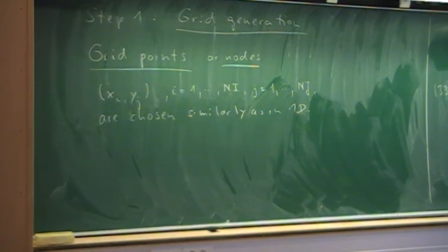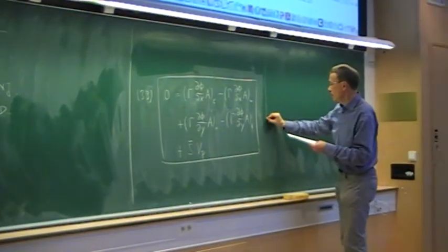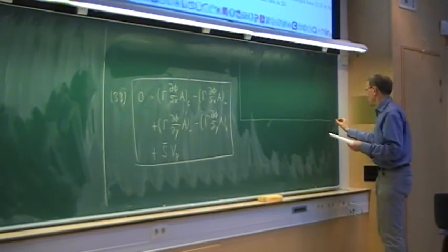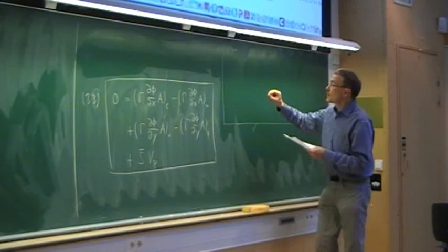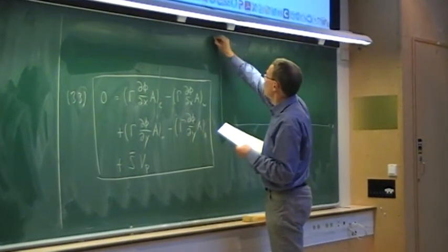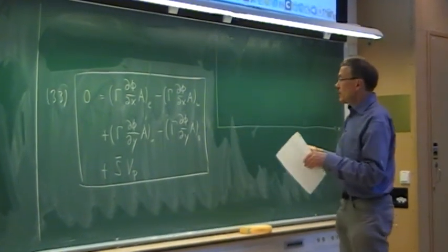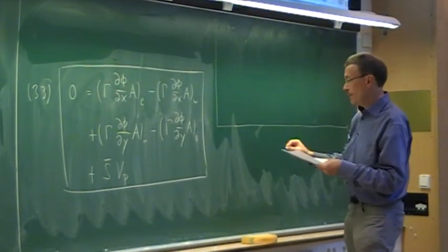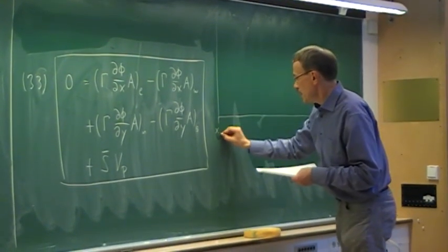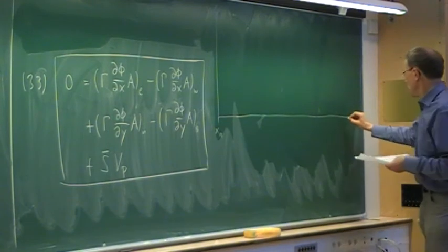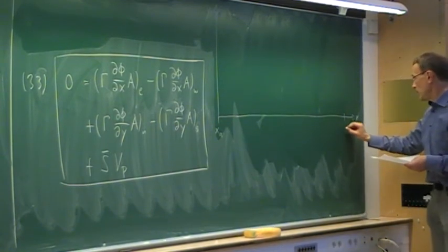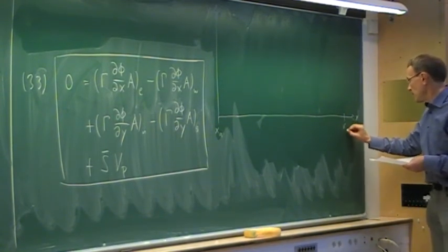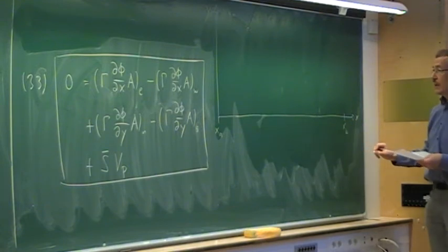So we have a two-dimensional domain. We assume that it is rectangular, x and y. And we assume that xa is the left boundary in the x direction, and xb is the right boundary in the x direction.